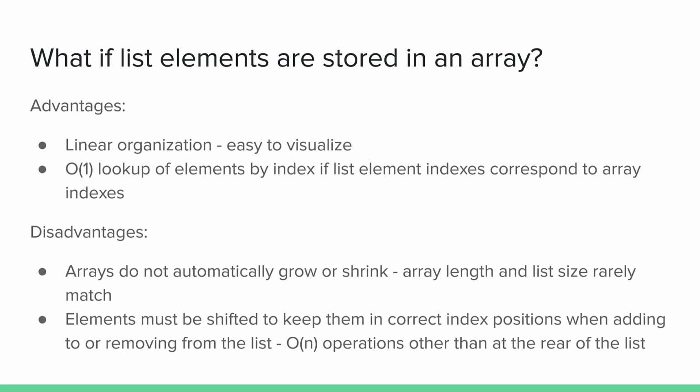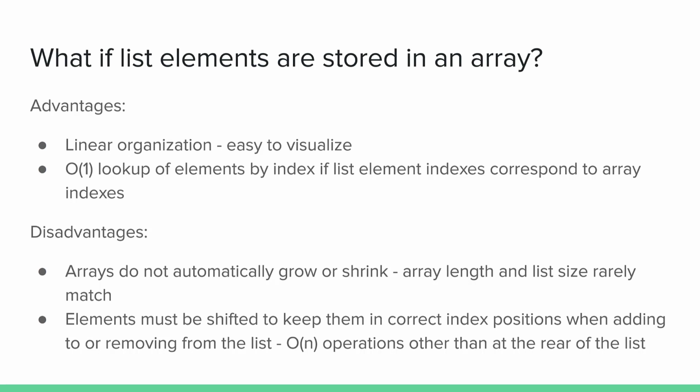Likewise, if we remove something from an array, lists have no gaps. So if I pull something out from the beginning or middle of an existing list, in order to keep elements in their correct index positions, we're going to have to shift some or all of those elements forward by one index position to close gaps.